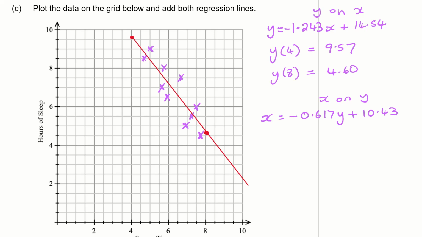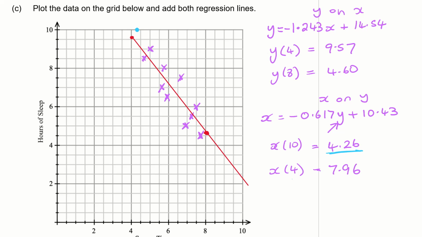And then for this one, let's do x of 10 and x of 4. I think that gives me a nice span. So what I'm doing is putting y is 10 in here to start with, and I get 4.26. And then y of 4 is going to be 7.96. So for this one, remember, it's x is 4.26, y is 10. So go to y is 10, and 4.26 would be about here.